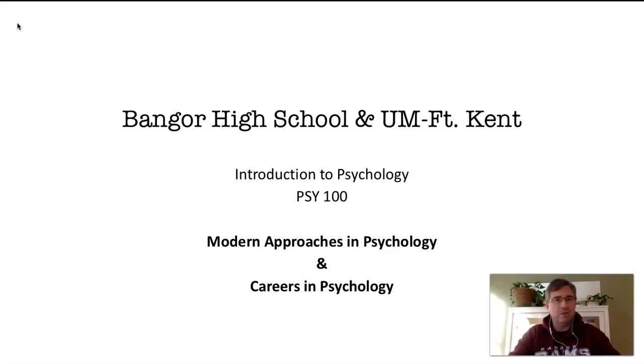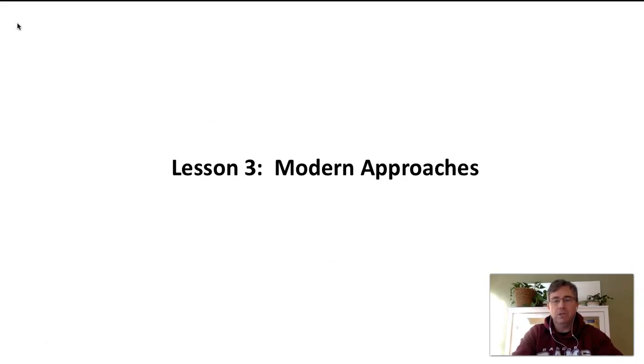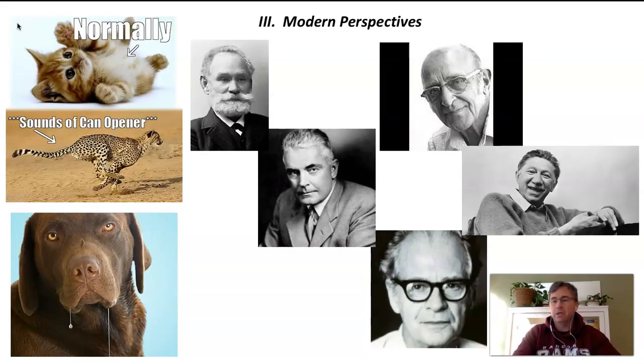Now remember, that's the ultimate direction that we're heading with psychology, is looking at behavior. Because whether it's caused by something out there or whether it's caused by something in here, what we're really looking at is how we act as human beings towards ourselves, towards others, for the common good, so to speak. Okay, so let's talk about these modern approaches.